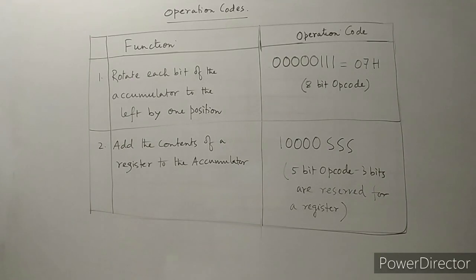But for the first operation code, all 8 bits are accessible to the users, so programmers can use the whole 8-bit opcode. For the second case we can access only the 5-bit opcode. The last 3 bits we cannot access; they will be reserved for a register by the microprocessor itself. Fine.